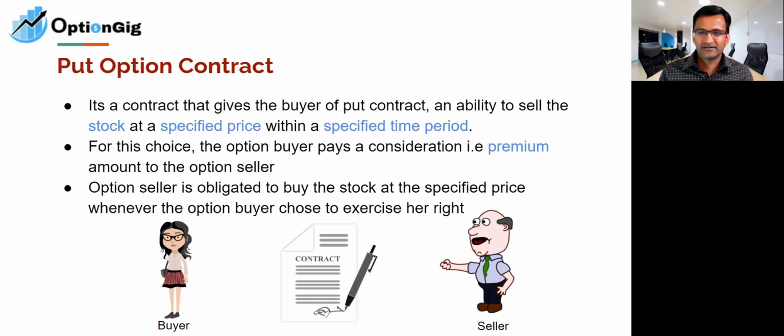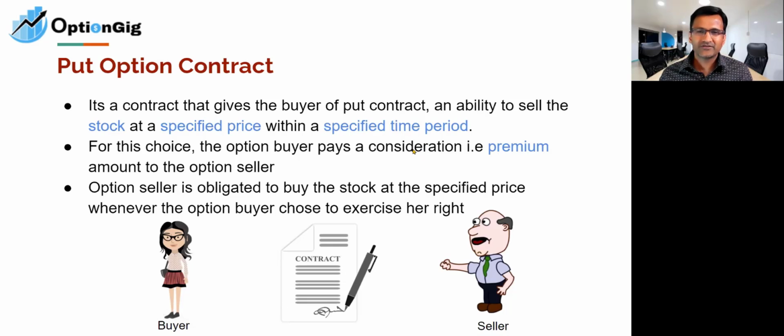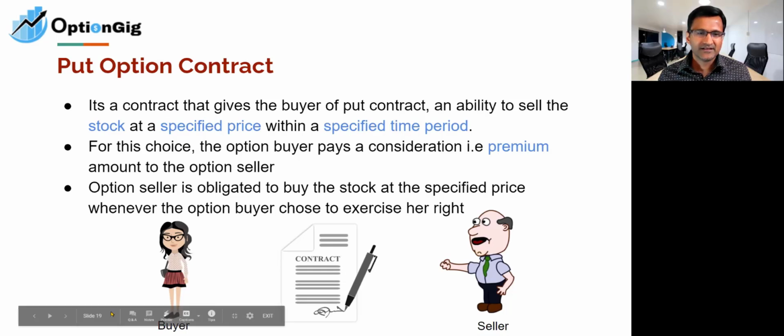Like in the insurance case, it's the insurance company that is the policy writer. In this case, the option seller or option writer, you will see these terms used interchangeably. So when they enter into an option contract, the buyer of an option contract pays a premium to the option seller. But then the option seller is obligated to buy the stock at the specified price that they agreed upon in the contract, anytime the buyer chooses to exercise her right.